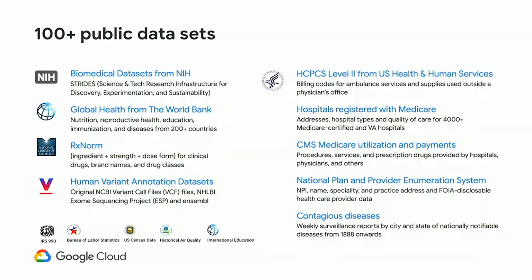I mentioned the public data sets before. We now have over 100 public data sets available on BigQuery that you can just integrate into any analysis, joining them as tables into any analysis that you're doing on BigQuery. These are some of the healthcare and life science ones available. There's a bunch of biomedical data sets that we're bringing on as part of the NIH STRIDES initiative.